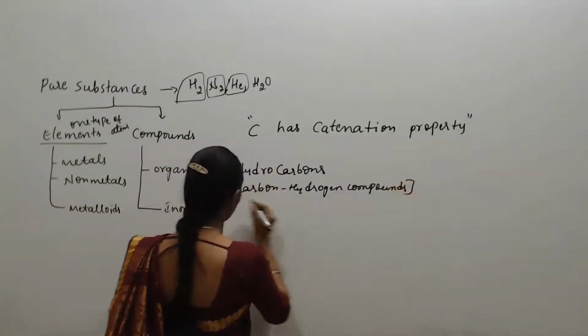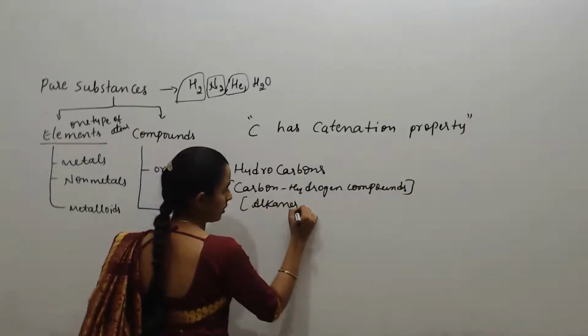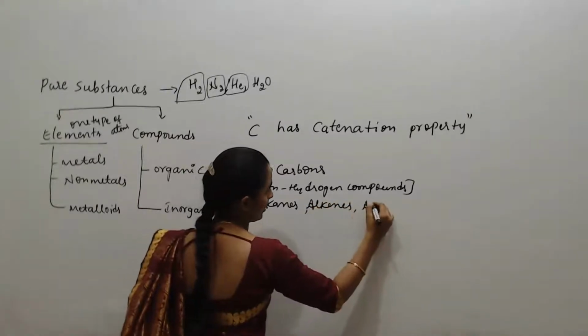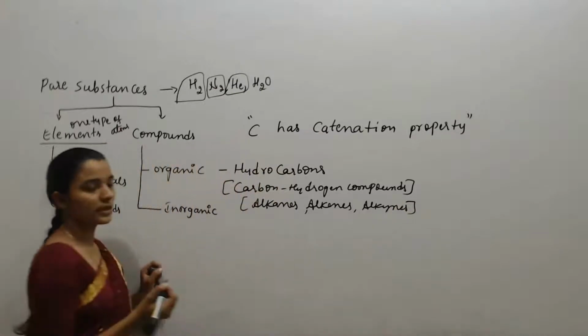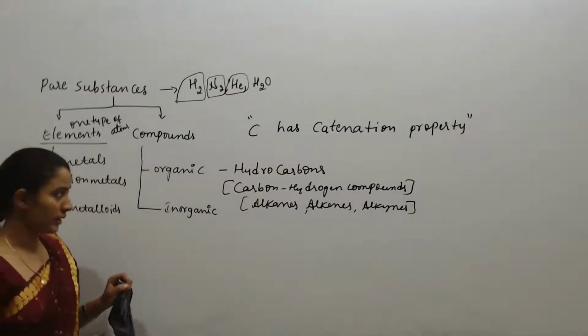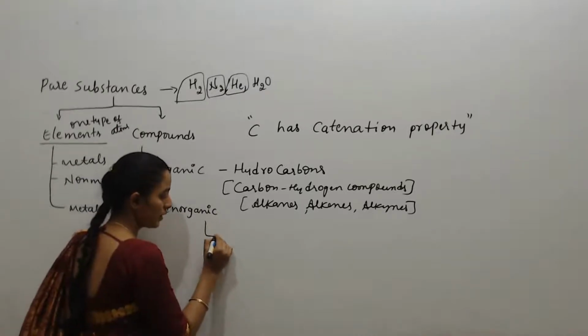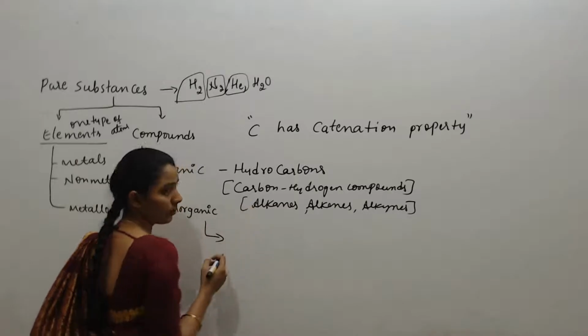Okay, so for example, students, alkanes are there, alkenes are there, and alkynes are there. Okay, so inorganic compounds means they are other than carbon and its compounds.